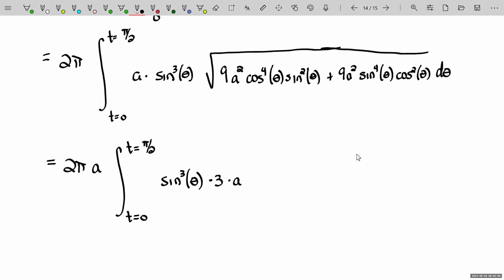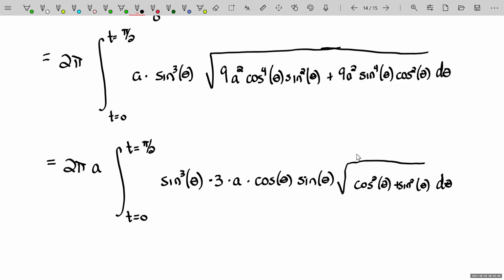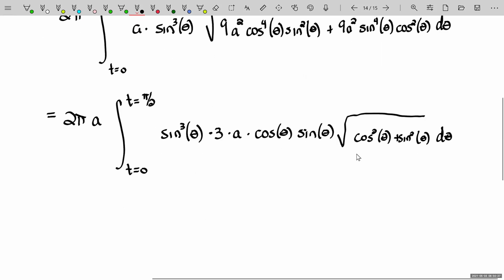Let's see, they both have a cosine squared in common, so I'm going to factor out the cosine. They both have a sine squared in common, so I'll factor out a sine. After factoring that all out, I'll be left with a cosine squared plus a sine squared. That is pretty beautiful because that is 1.